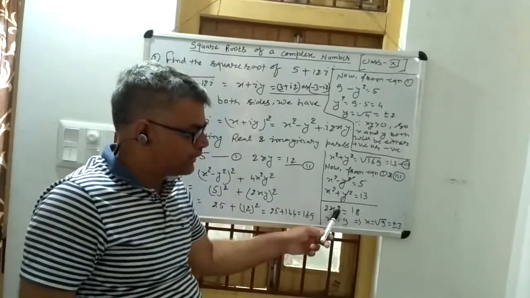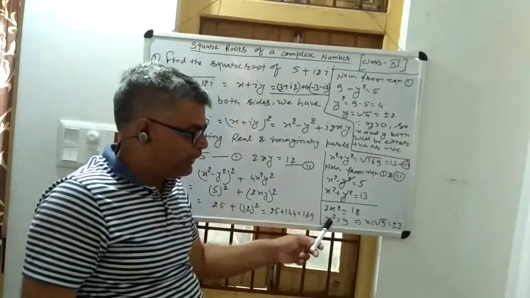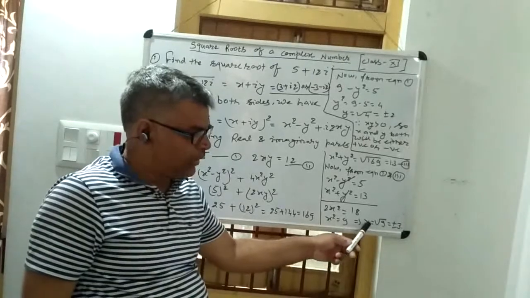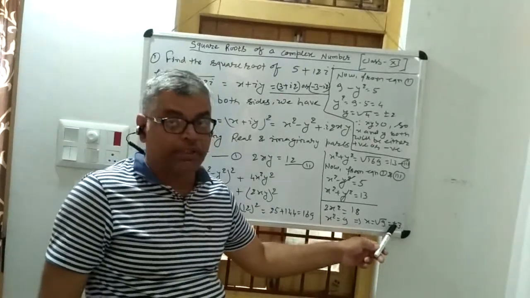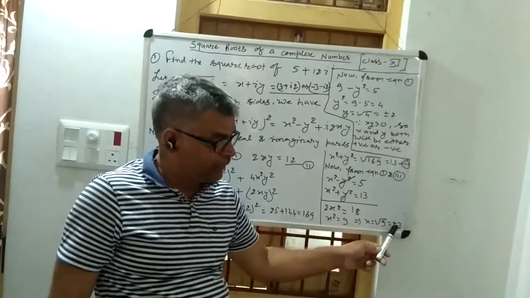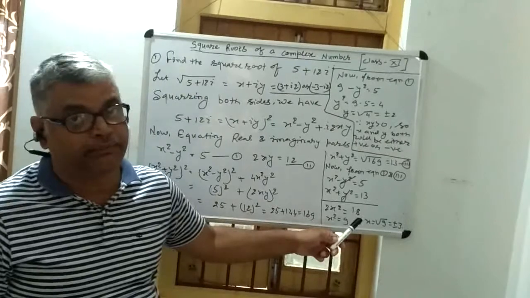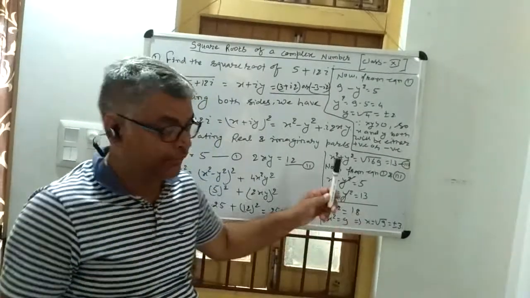So we have 2x square equals 18, and on further solving, x square equals 9. So the value of x will be the square root of 9, that is plus or minus 3. When you take the square root of any number, the sign is positive as well as negative.